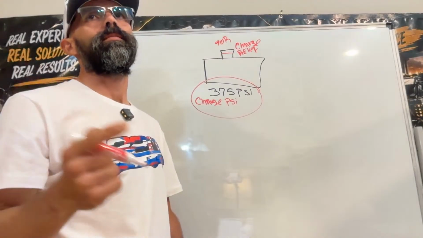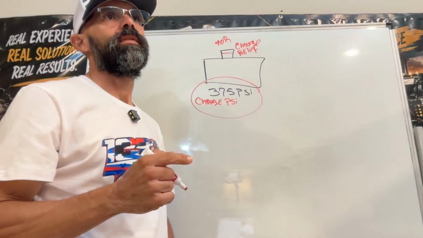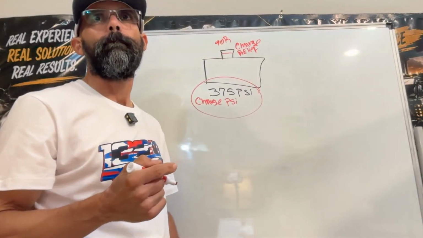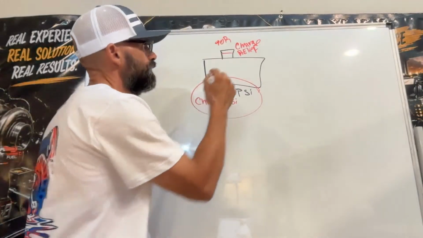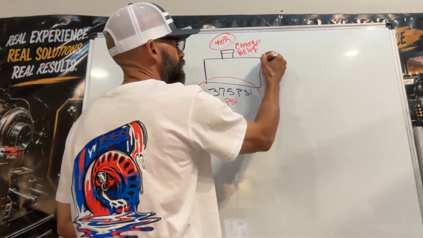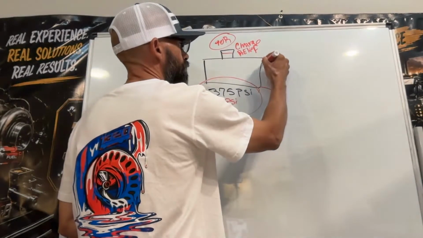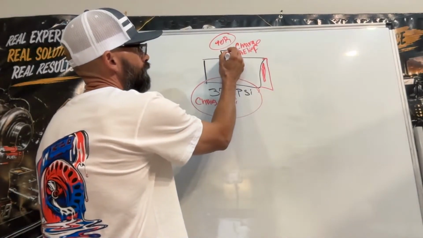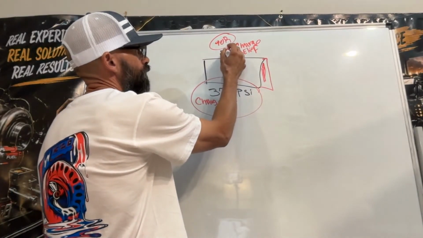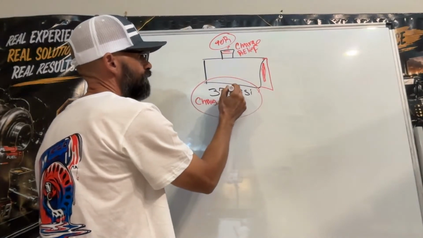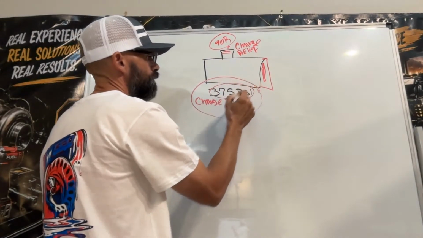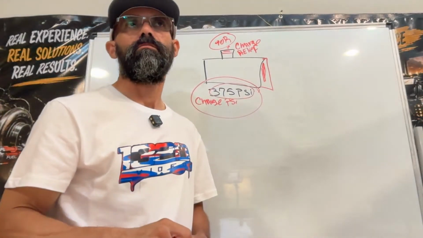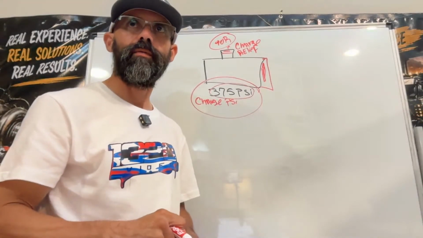Let's say your system is a little bit sluggish, or you notice that it's not working properly. Since this pump already has a charge pump attached to the back of it, try to increase the charge pressure to see if this number changes from 375 to, I don't know, 400 or 380 or 390, right?